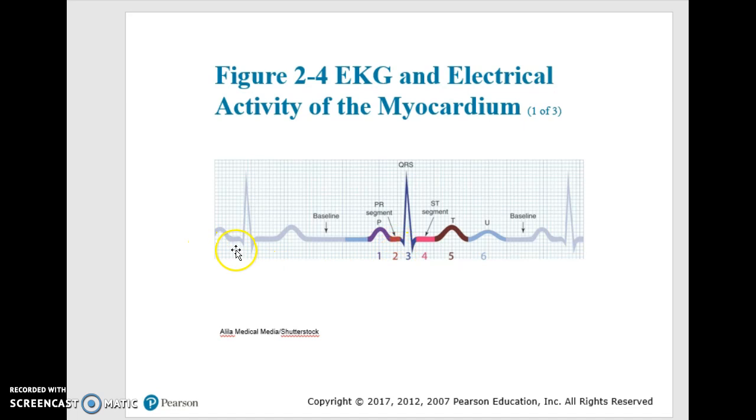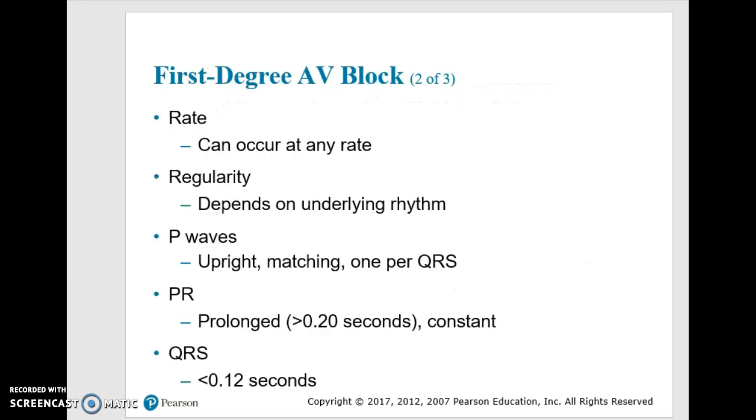So you do not see a change between the different cycles. They don't lengthen and they don't get longer. These are constant throughout the strip with each one. So that is also something that you need to look at when we're looking at a first degree AV block. They're prolonged, but at the same time, they're constant.